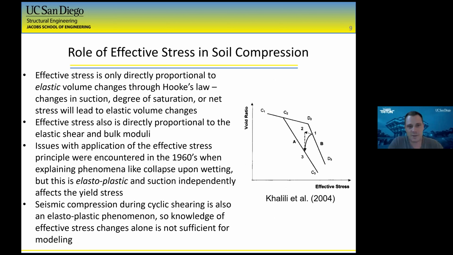The effective stress is also going to affect our shear and bulk moduli. But one of the things that's going to happen when you have collapse phenomena, either due to collapse upon wetting or due to seismic compression, is an elastoplastic concept. So having knowledge of the effective stress change is not sufficient. We need to have an elastoplastic model to tell us what's happening.